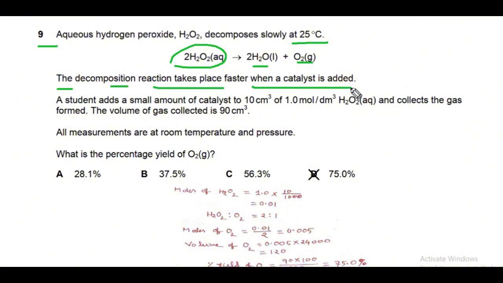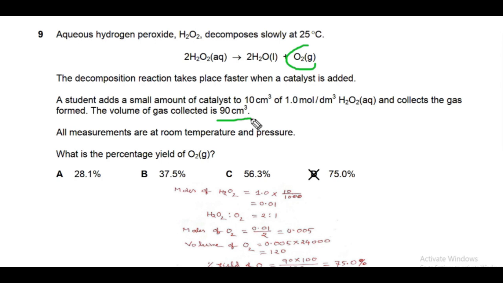A catalyst speeds up the reaction, so decomposition occurs faster. A student adds a small amount of catalyst to 10 cm³ of 1 mol/dm³ hydrogen peroxide and collects the gas formed. The volume of gas, oxygen gas, collected is 90 cm³. All measurements are at room temperature and pressure.